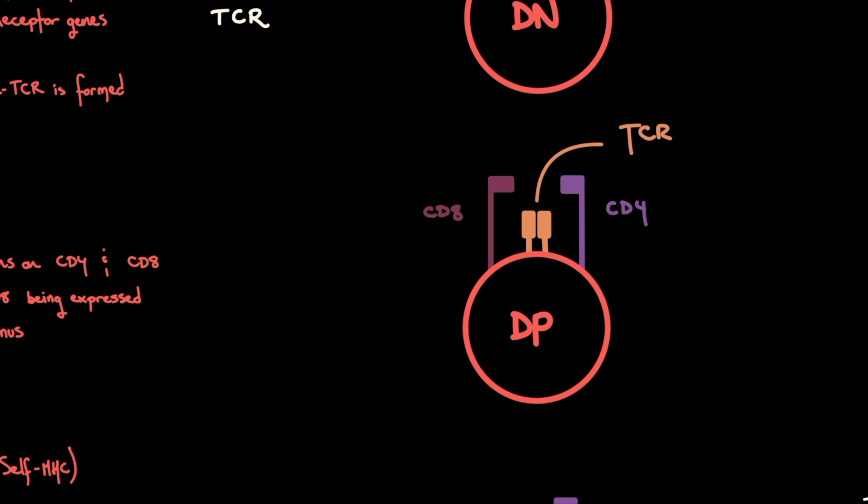But here we have that double positive cell. TCR's done. It's passed the first checkpoint, testing binding to MHC. And during this process, I still have CD4 and CD8. So that's double positive. I have both of those receptors expressed on my membrane along with my T cell receptor.